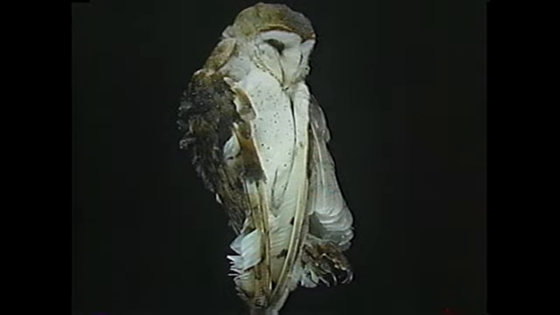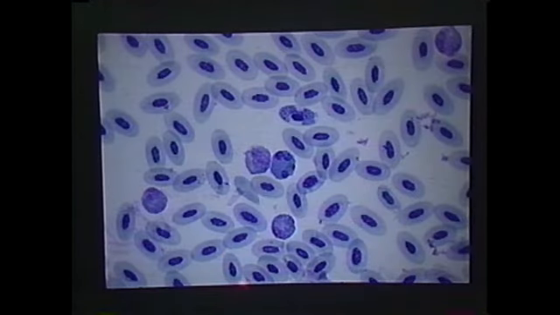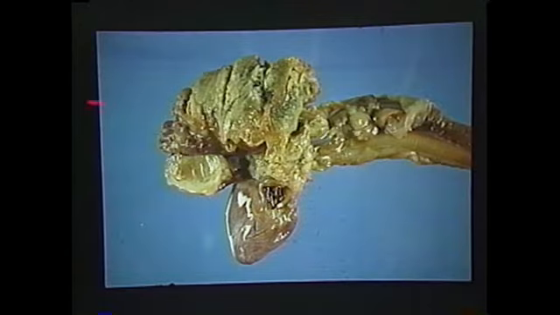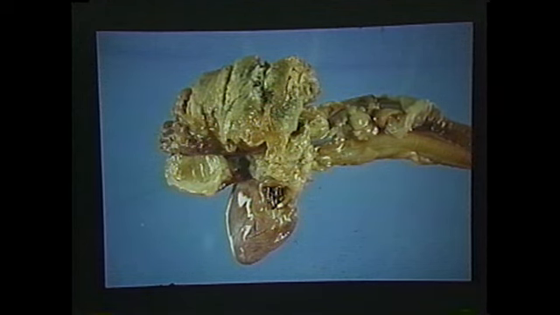Here is a barn owl. Many of these animals have evidence of Haemoproteus affecting blood cells, which may or may not lead and precondition them to other diseases. Here is a hawk that developed again evidence of aspergillosis affecting predominantly the lungs.